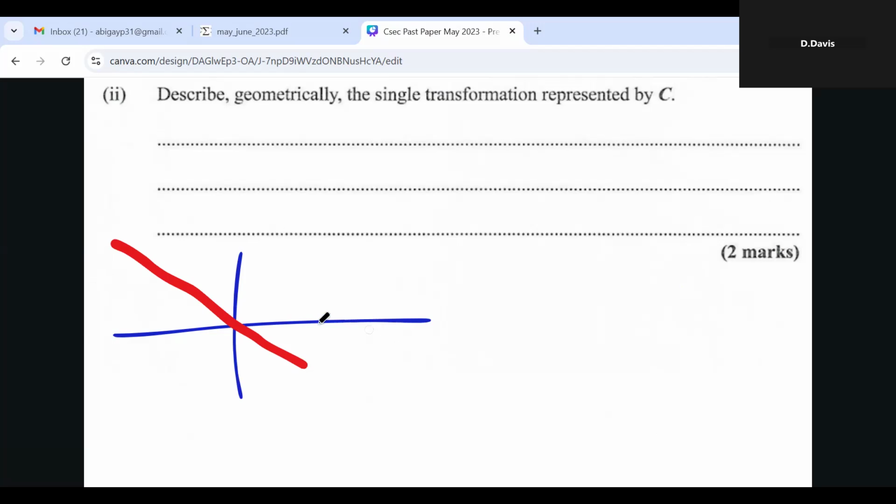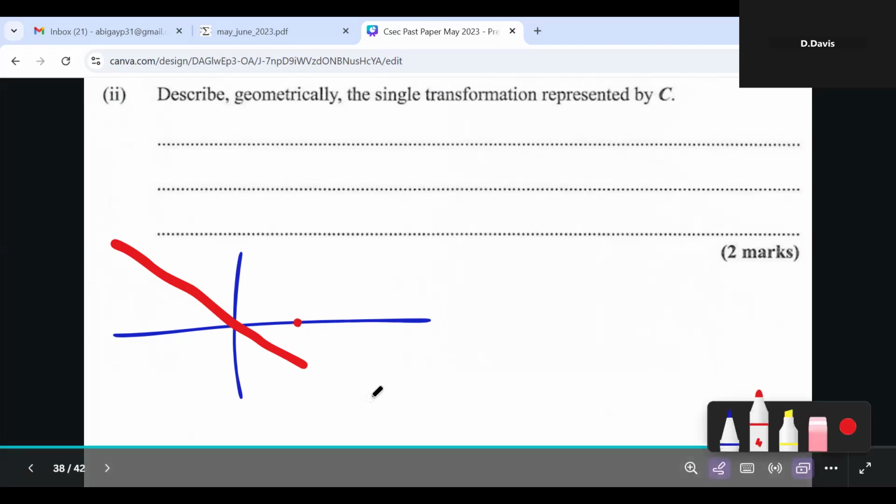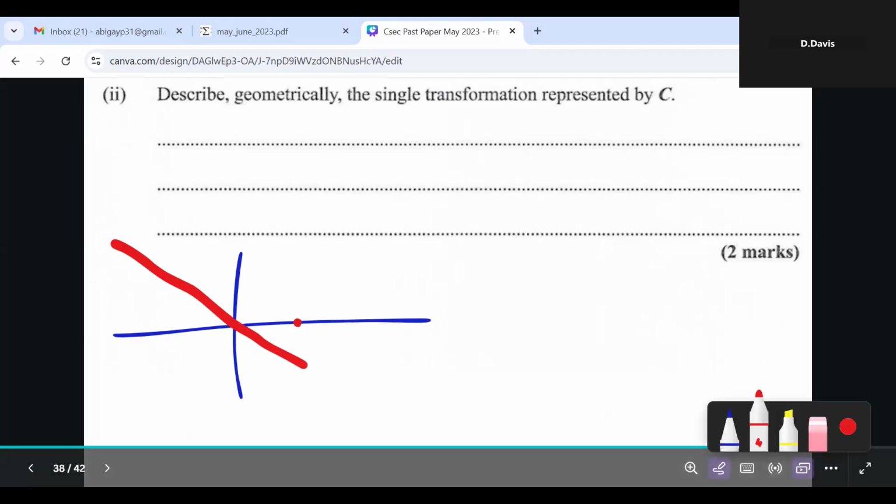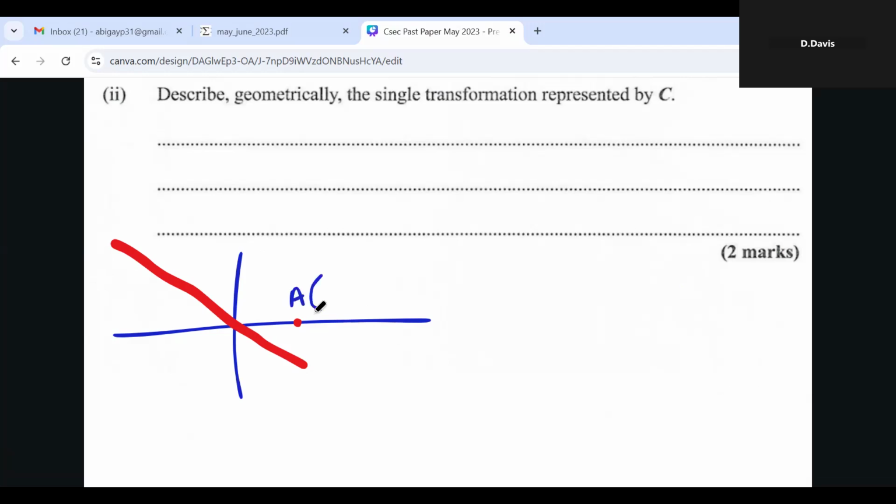Okay, so if I was supposed to say this is, let's say A, and it represents the coordinate point 1, 0.